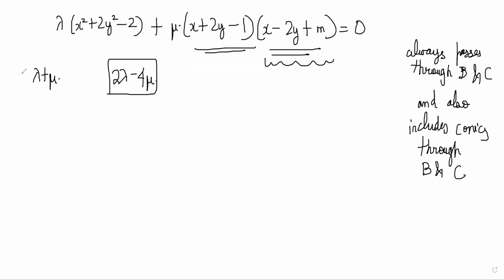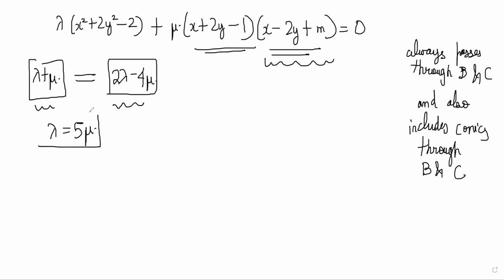Now at least there is a chance that these two could be equal, right? So for it to be a circle, this should be equal to this, from where we can deduce that lambda is equal to 5 mu. So here we are generally trying to make it a general conic, and then checking whether it will cover all circles. It will cover all circles if the coefficients of x square and y square match. So we will say lambda is 5 mu.